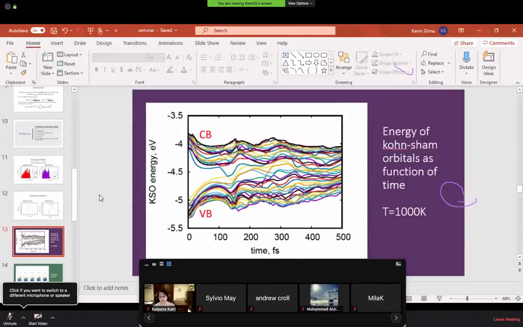How did you prepare your initial geometry, your initial model system? Okay. So in molecular dynamics, I initially heated it to 1000 degrees Kelvin for my molecular dynamics.